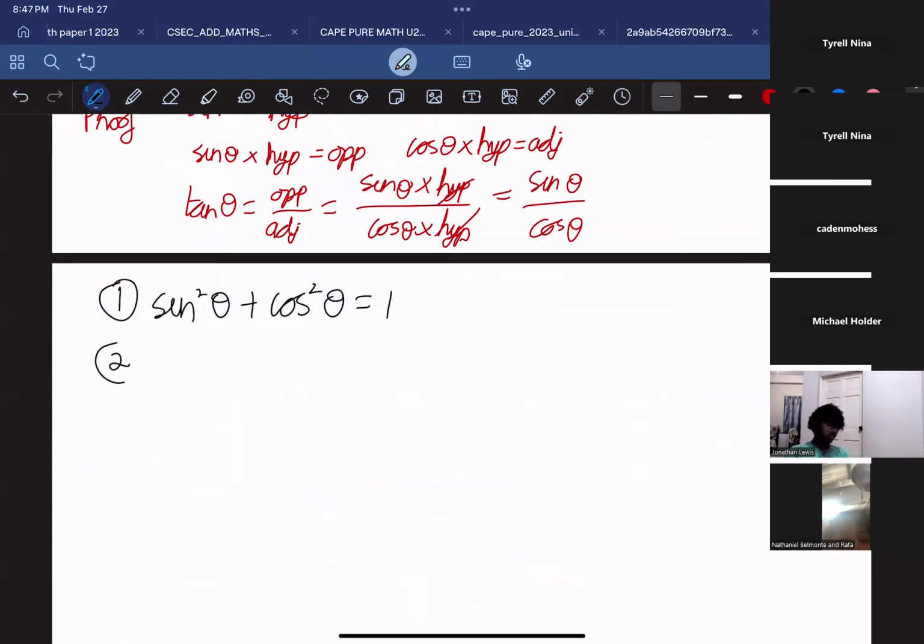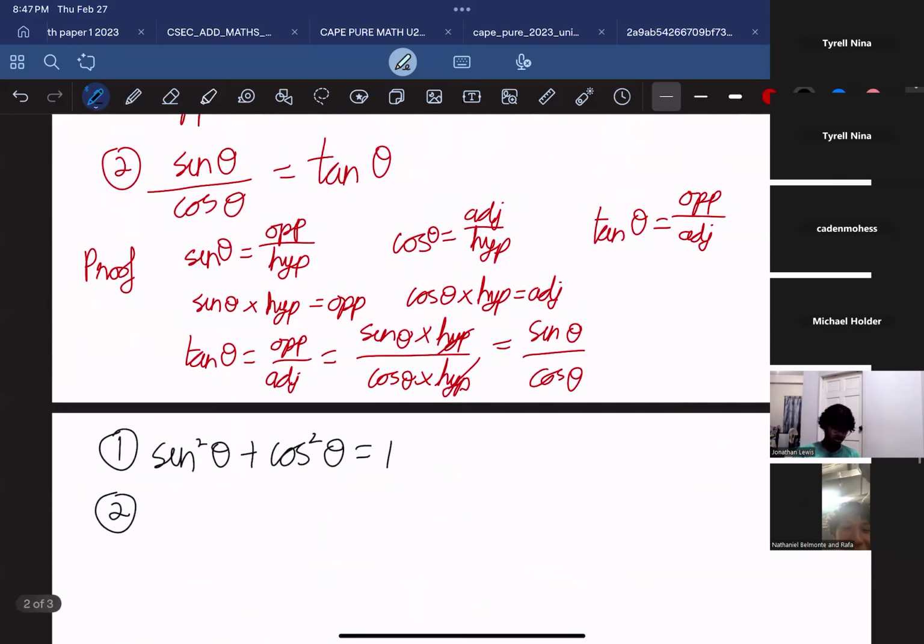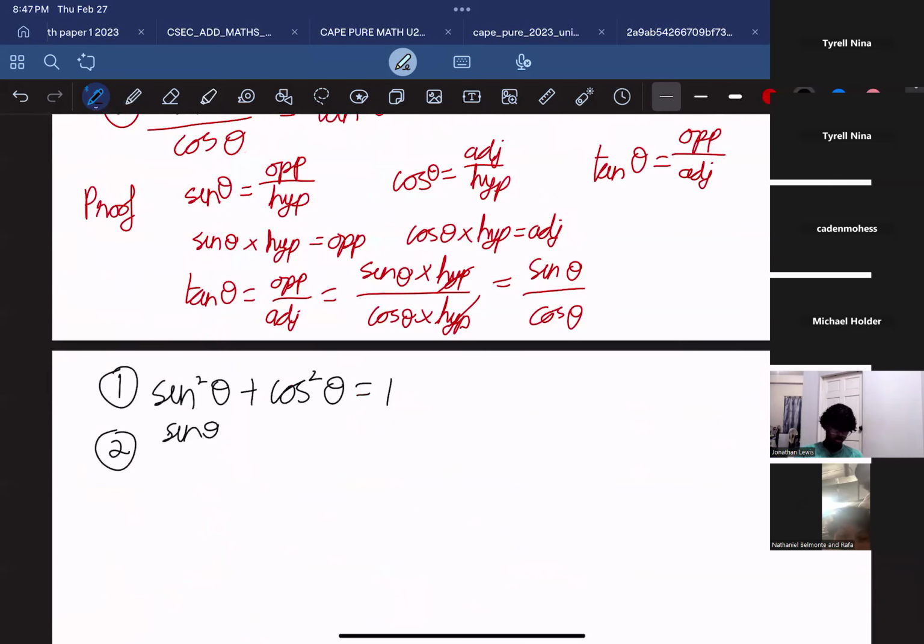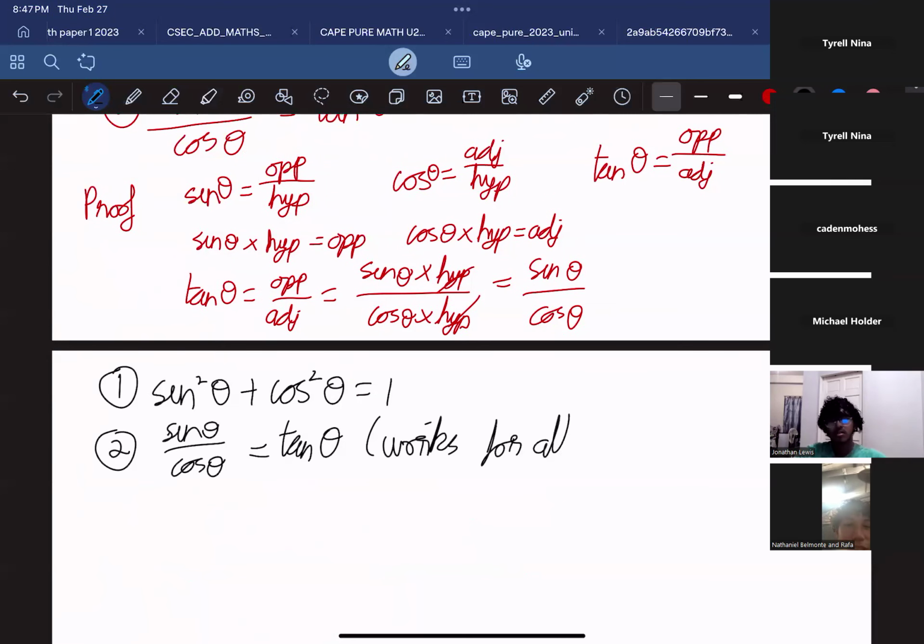Two, sine theta over cos theta is tan theta. And this works for all powers. For example, sine squared theta over cos squared theta is tan squared theta. Same thing, it always works.